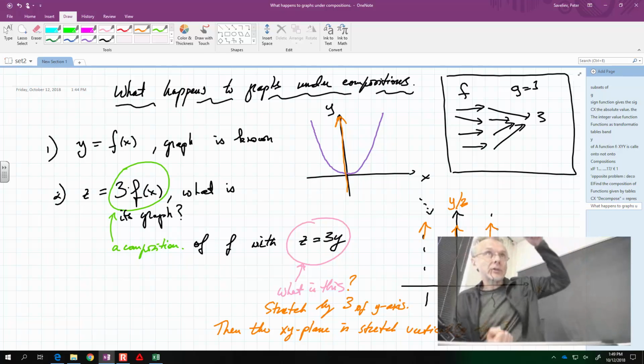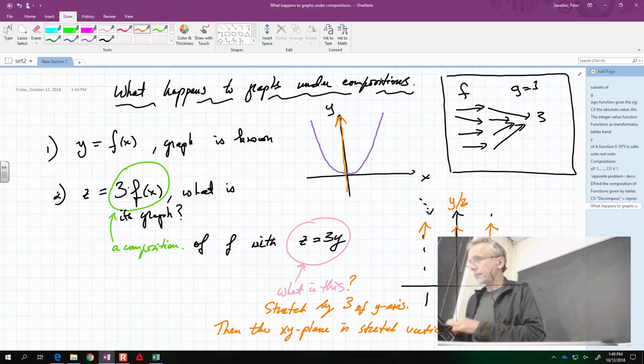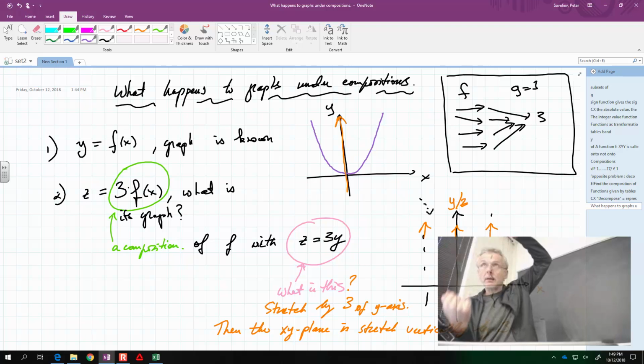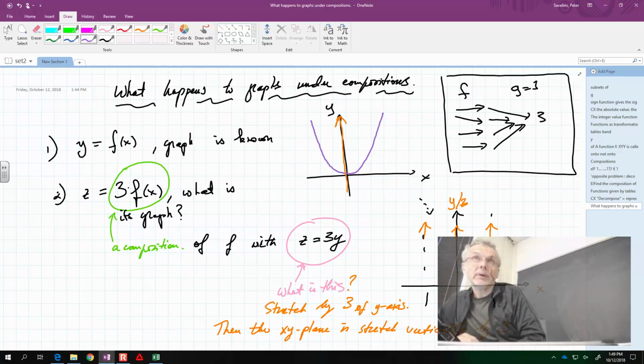If you stretch it, what does it look like? A sheet of rubber with this picture drawn on it, and then I'm pulling it. I grab it not by a point like this. I'm grabbing the whole thing and pulling it like this. What happens to the parabola?